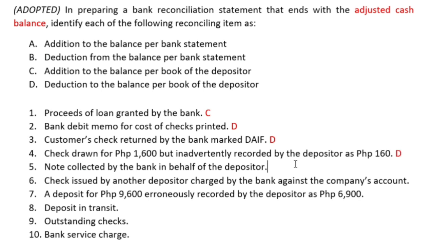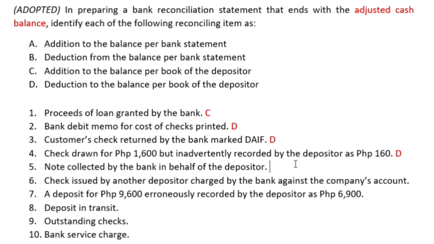Now, for number 5, note collected by the bank in behalf of the depositor. Normally, kapag nag-issue ka ng notes receivable, ikaw si seller, yung buyer mo, nagbigay ng notes in settlement of an account. So, instead na accounts receivable, promissory note. Ngayon, kapag sinettle niya na yung kanyang utang, ide-deposito niya yung cheque doon sa bank account mo.